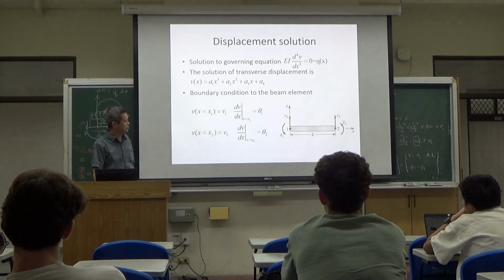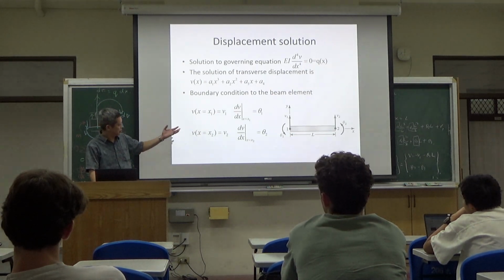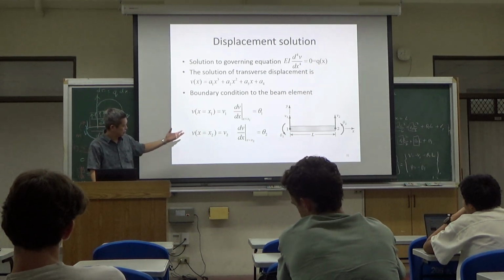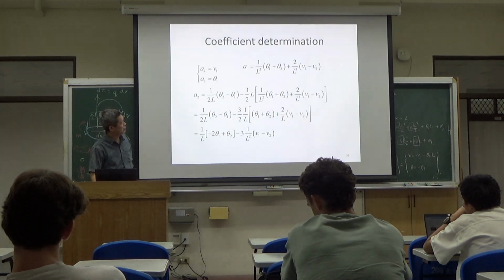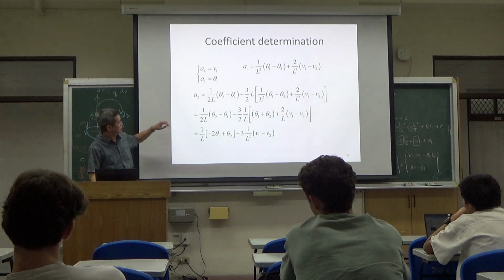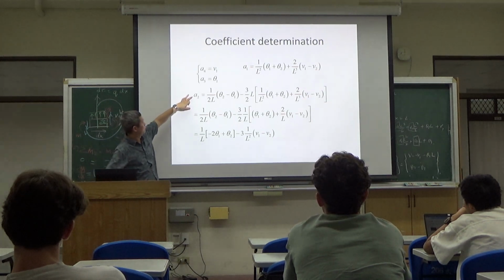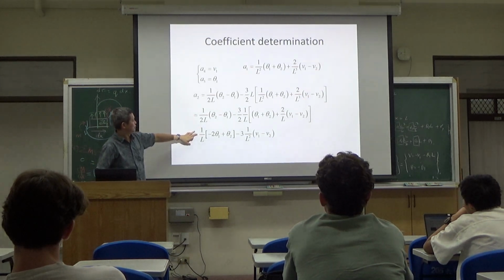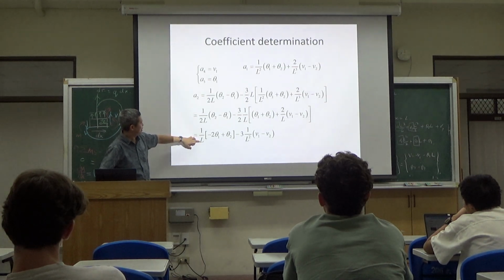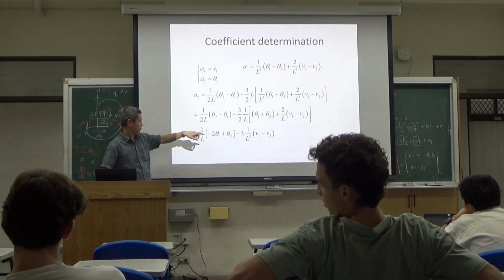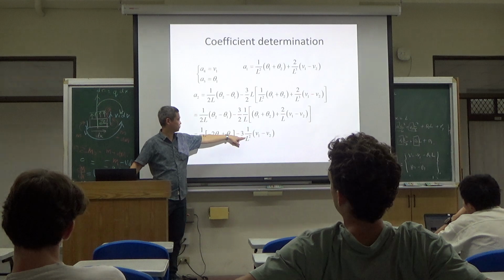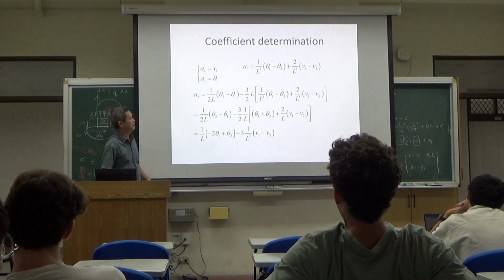By the boundary conditions, both the vertical displacement and the angle of deflection, you're able to solve all these. Eventually, you can find your A2 is equal to 1 over L times theta 2 minus 2 times theta 1, minus 3 over L squared times V1 minus V2.